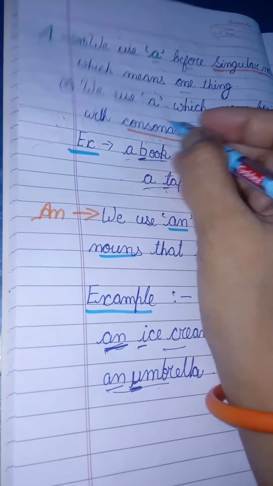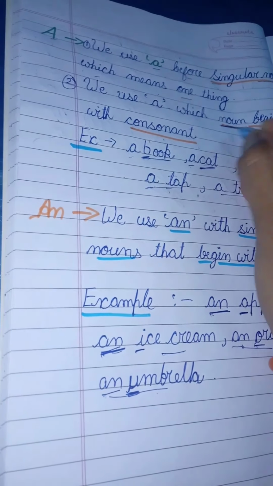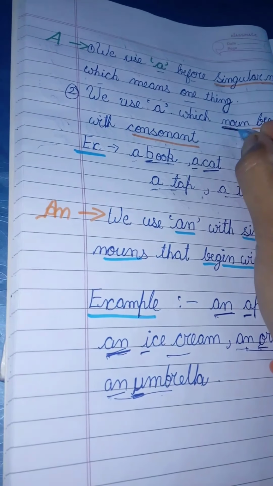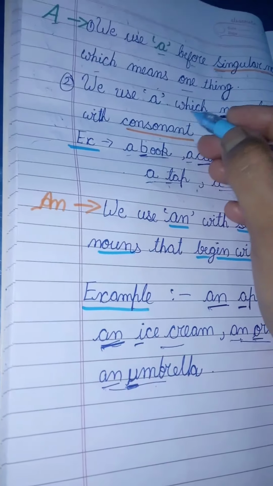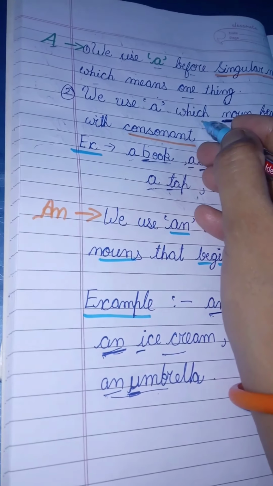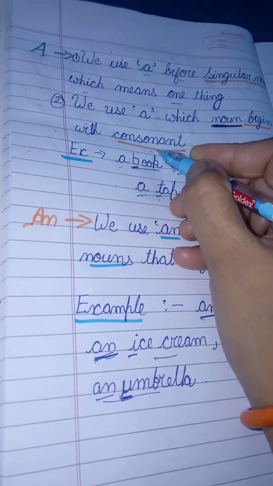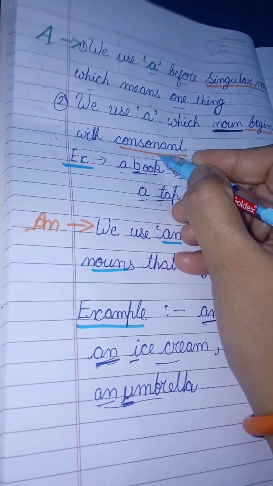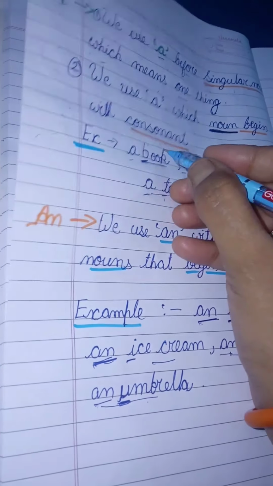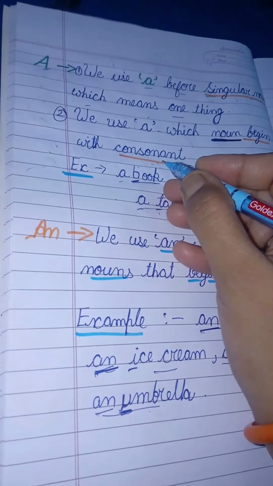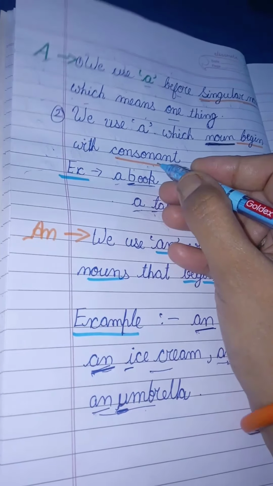And an easy way of using a is that we use a with nouns that begin with a consonant. मतलब वो वर्ड्स जिसका फर्स्ट लेटर कॉन्सोनेंट से स्टार्ट होता हो उसके आगे हम ए लगाते हैं.